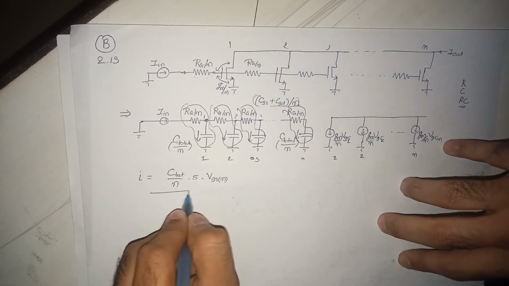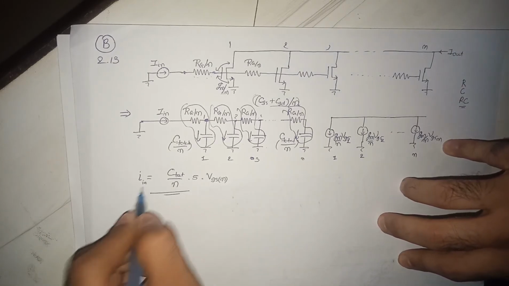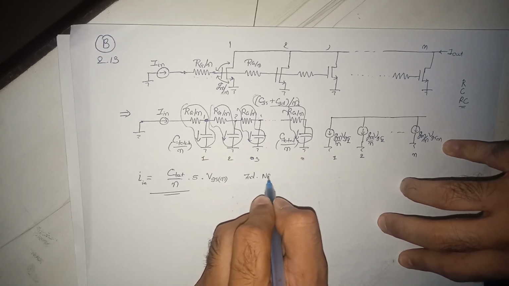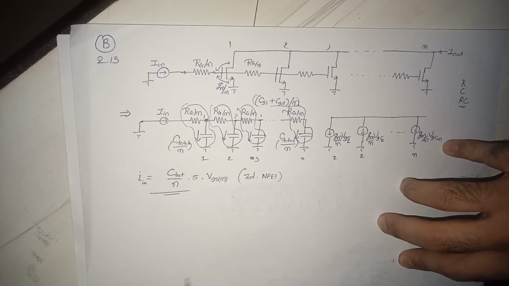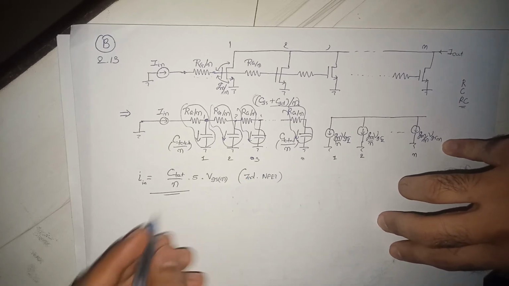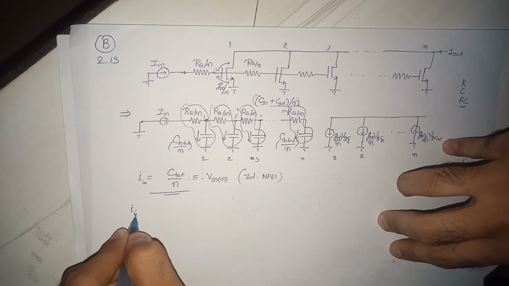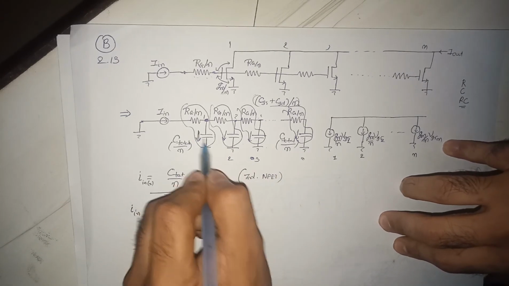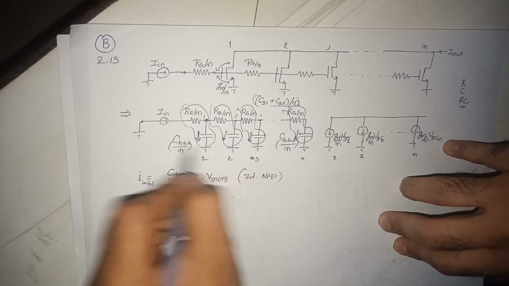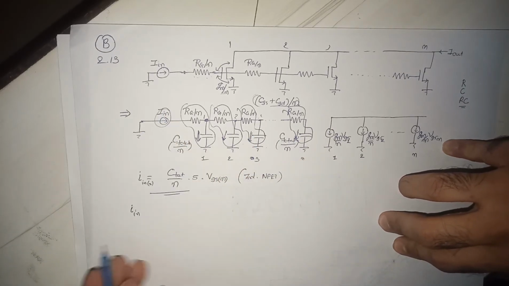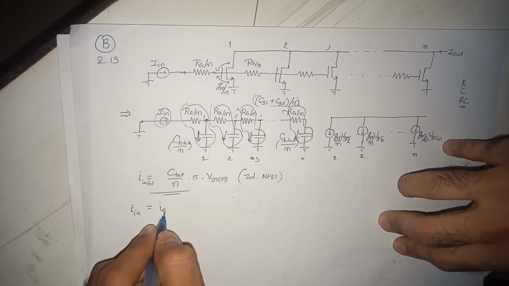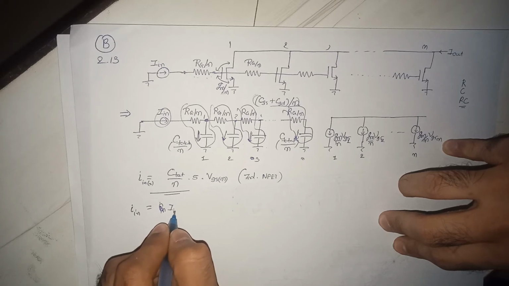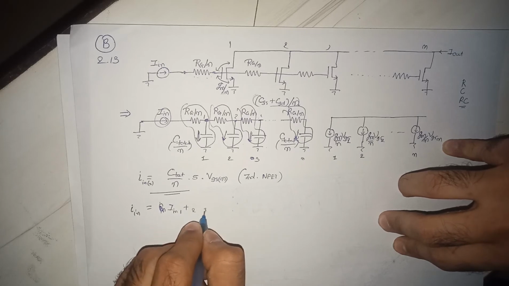So this is now the I in of the individual transistor. What is the total I? This is of n. If you see, the summation of these currents will ultimately turn into I in. So I in 1, 2, 3 and n.